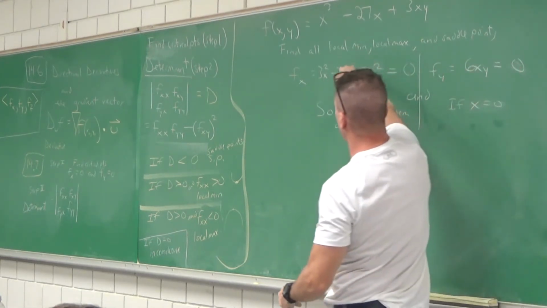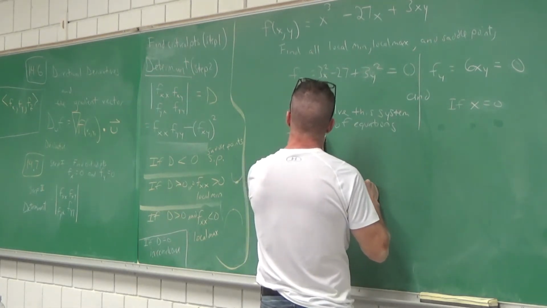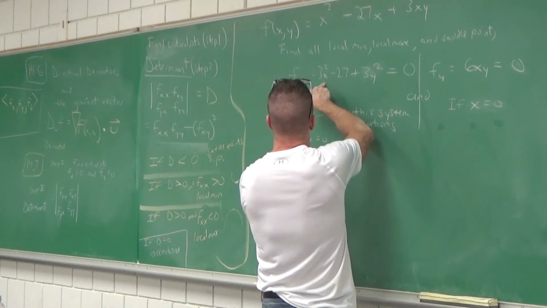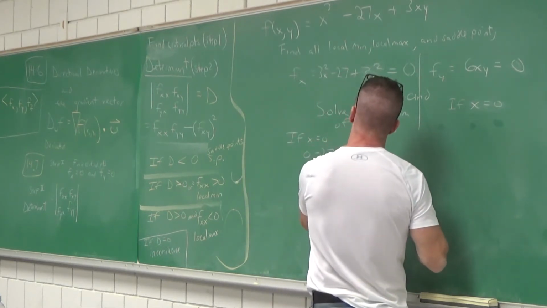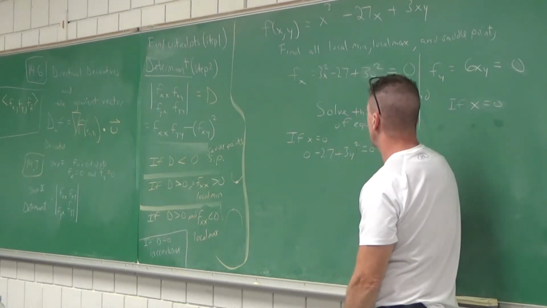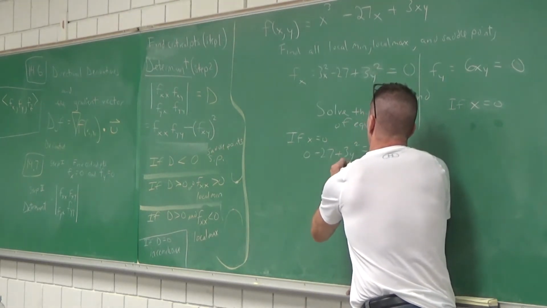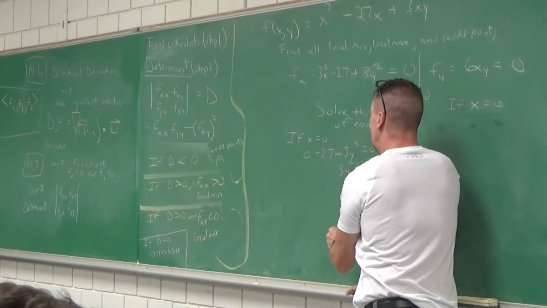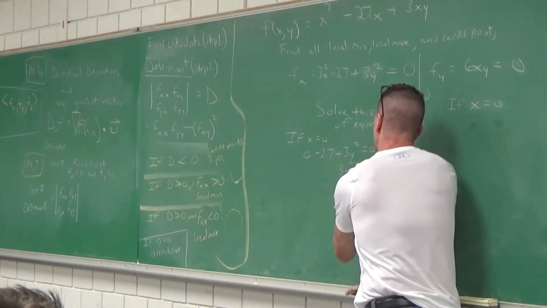If x equals 0, we plug it over here. We're trying to find our critical points. I get 3 times 0 minus 27 plus 3y squared equals 0. Can you solve that? y squared equals 9, and y equals plus or minus 3.